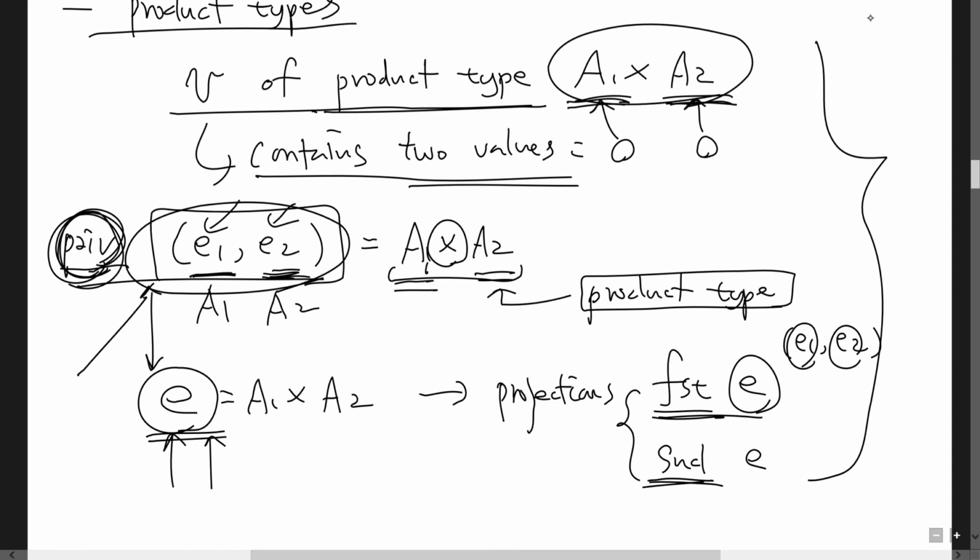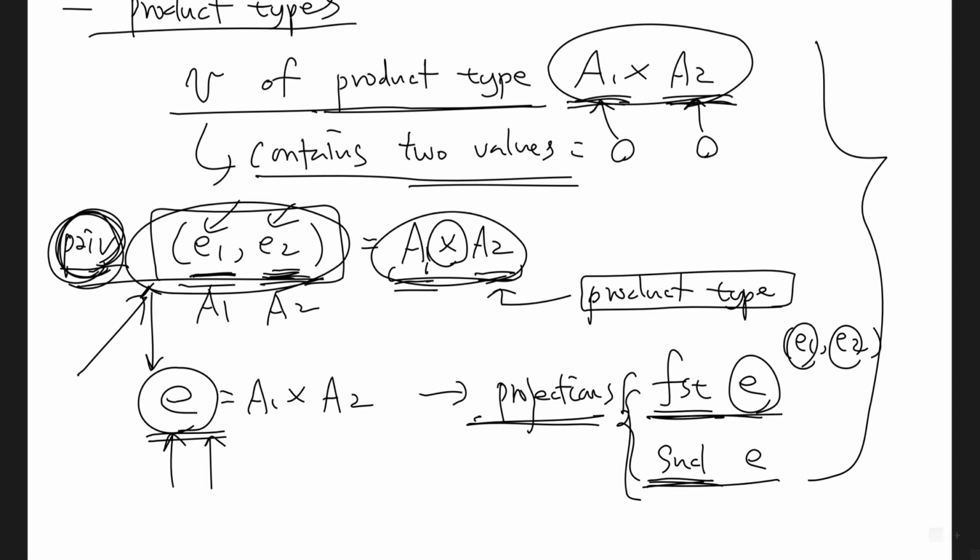So this allows you to create pairs or expressions of this product type. And the dual notion is we need to be able to extract individual components from this pair. So we need these projection expressions, first E and second E. So that's the informal introduction to product types.